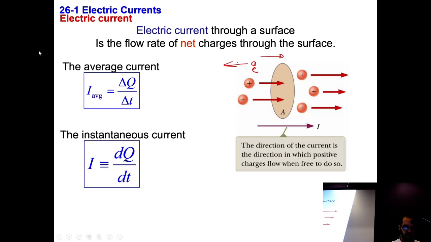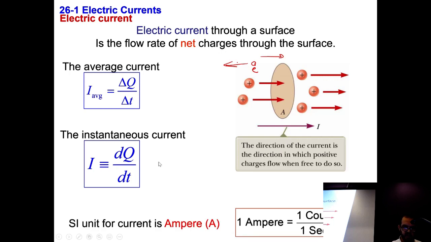Same thing here: the instantaneous current is dq/dt. The unit of current is the ampere, and 1 ampere is 1 coulomb per second.